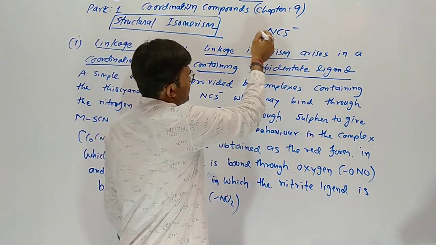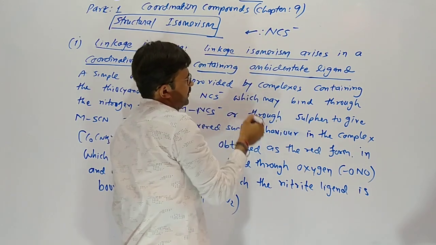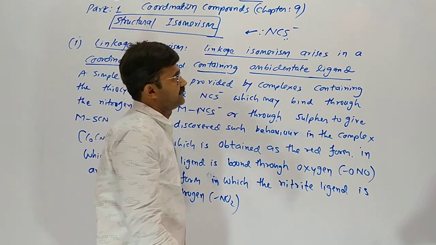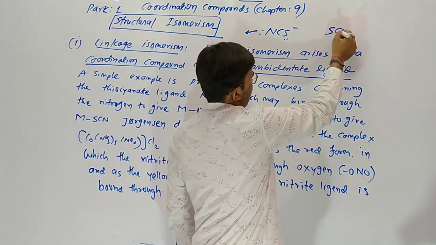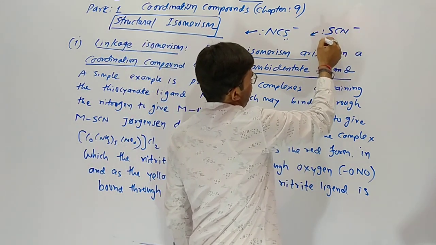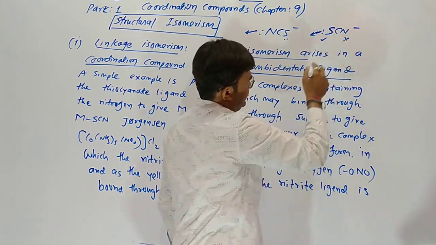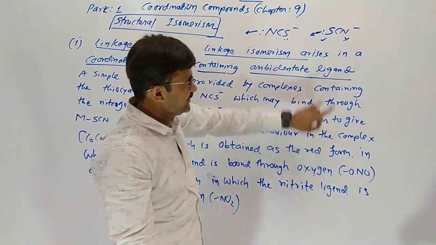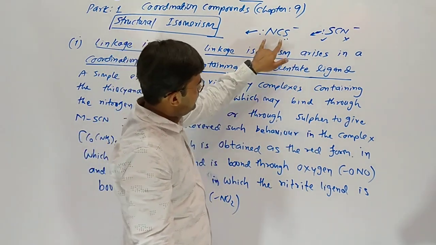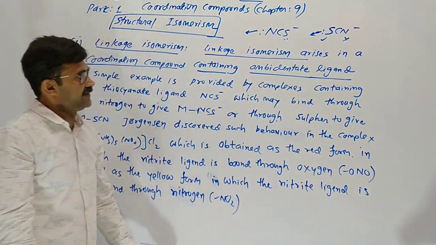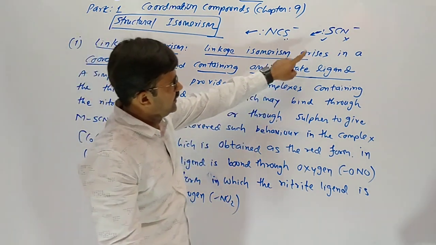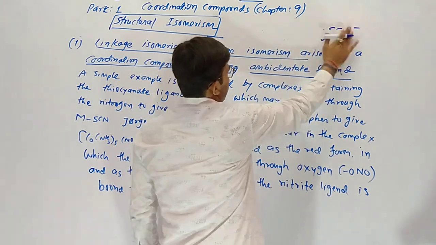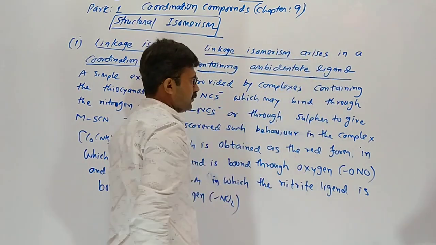NCS: whenever nitrogen donates electron pair, sulfur is not donating, and whenever sulfur is donating electron pair, nitrogen is not donating, so this one is ambidentate. Yes, thiocyanate N and thiocyanate S. Clear? Another example, only two examples in our book.